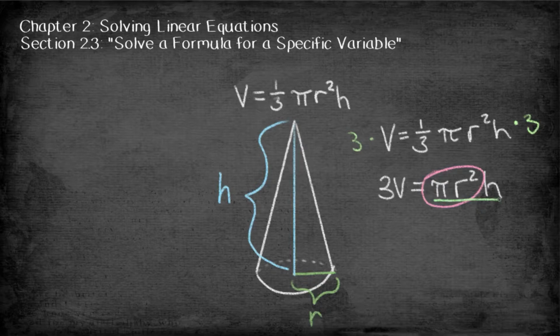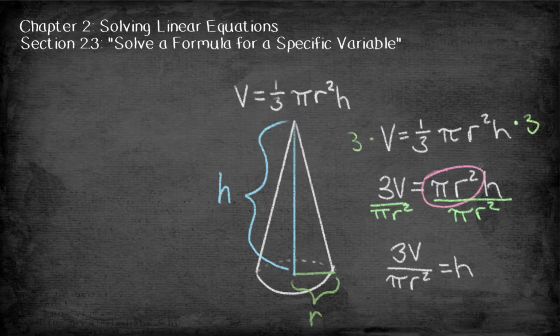So what we're going to do is divide by that. And there we have h in terms of the variables v for volume and r for radius. So it's not too bad.